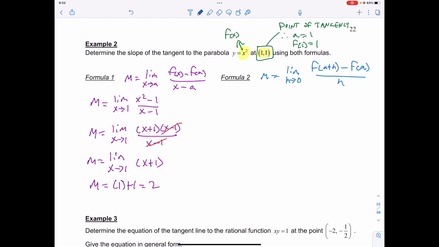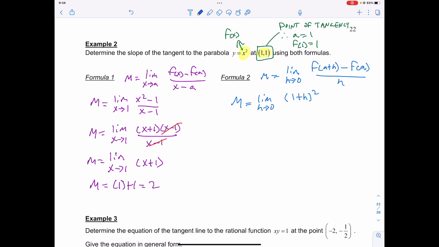Using the second formula, my slope is equal to the limit as h approaches 0. The nice thing about this is h always approaches 0 because we want the change in x to get closer and closer to having no change in x. Of f of a plus h, we'd write as a plus h squared, except we know our a value is 1.